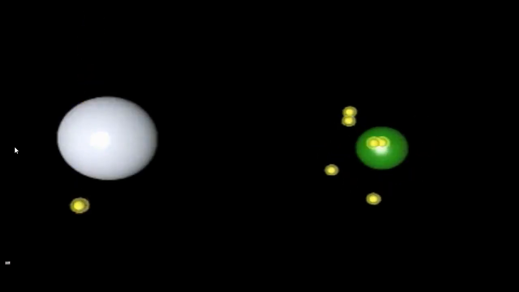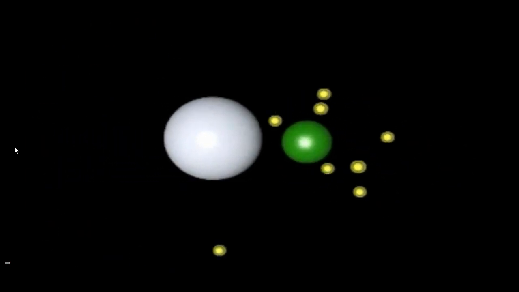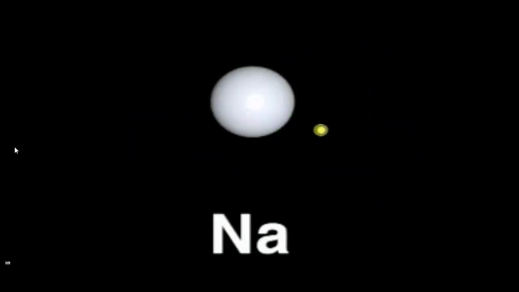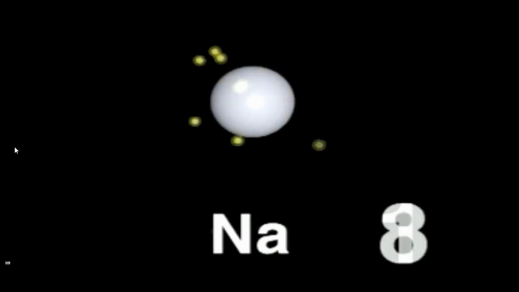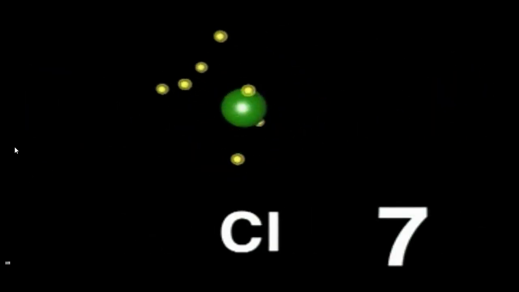Ionic bonding occurs between two atoms when one of the atoms has sufficient strength of attraction to remove an electron from the other atom. A sodium atom has 1 valence electron, with a stable energy level below containing 8 electrons. A chlorine atom has 7 valence electrons.